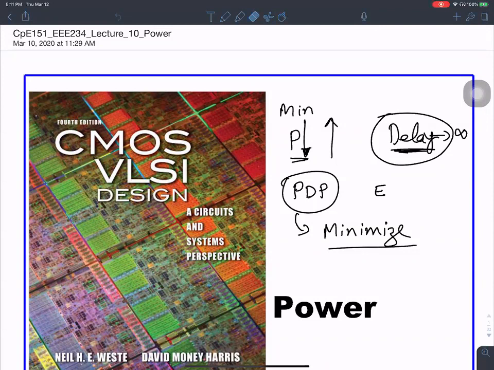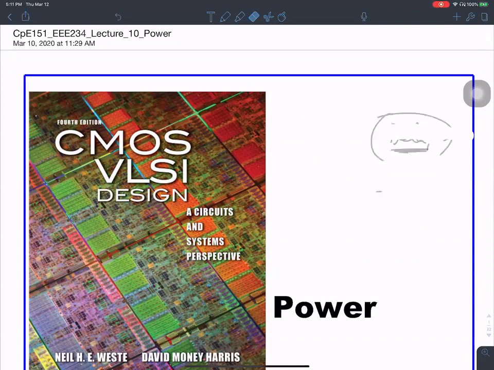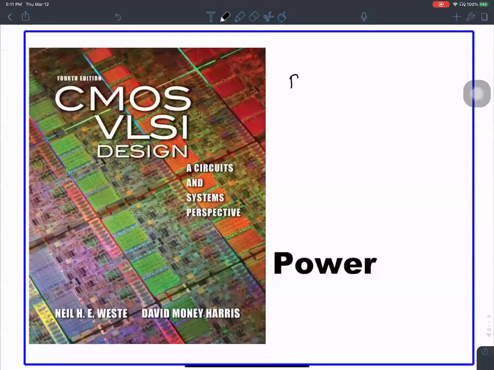Okay. Now, what we are going to do is continue from where we left off. In the last class, we started talking about power. And I mentioned that it does not make sense to minimize power in isolation, because if I minimize power in isolation, the delay is going to tend to infinity, or approach a really large number.